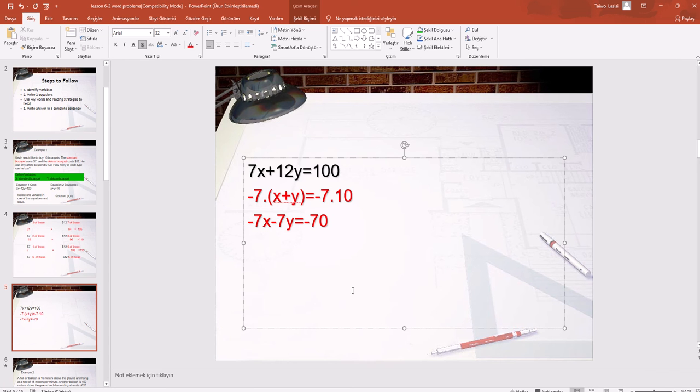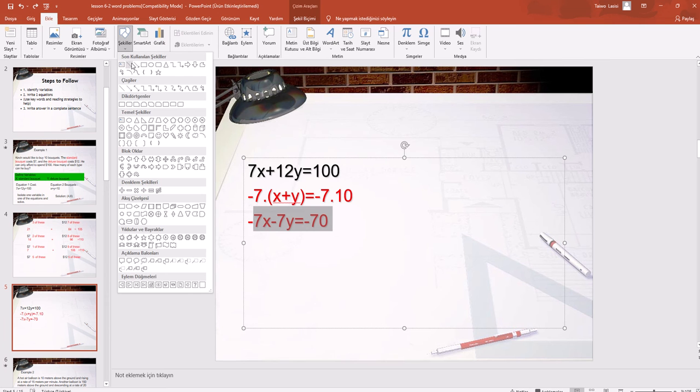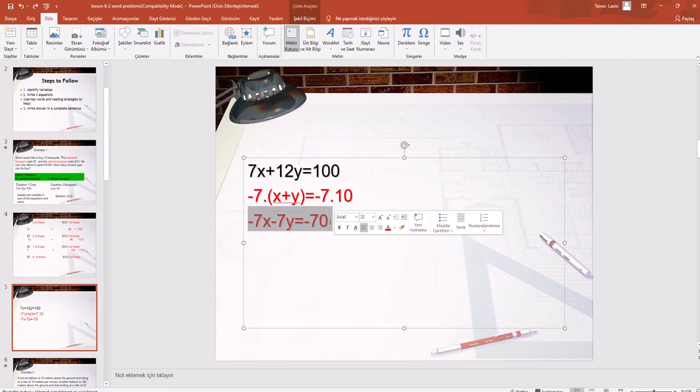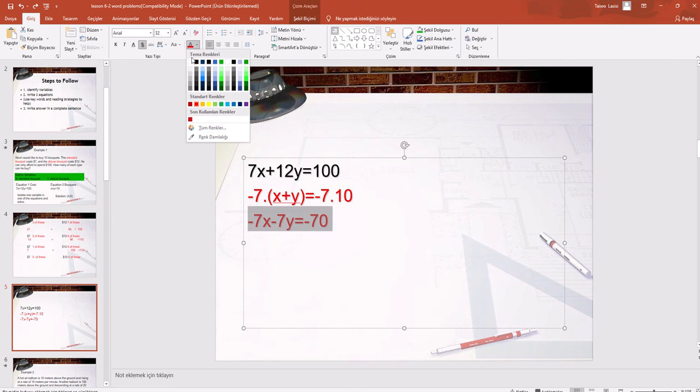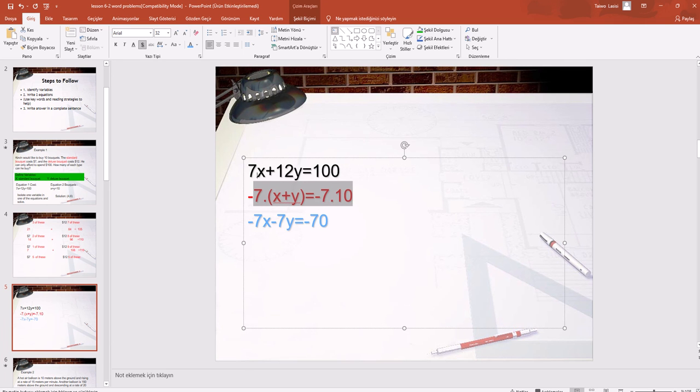Okay. So this is our new equation here. We turn this into this one. So this is the first equation here. This is the first one, and that's the second one. Okay. So let us do it.